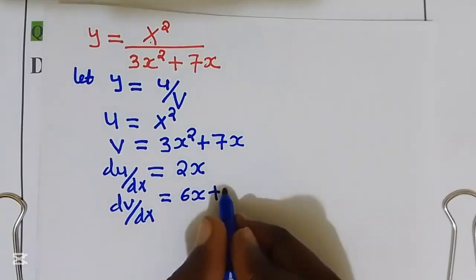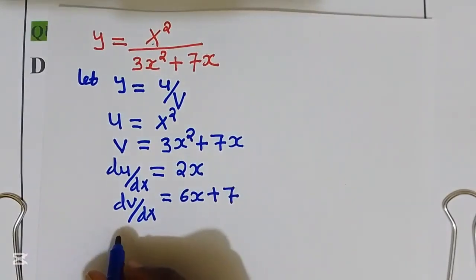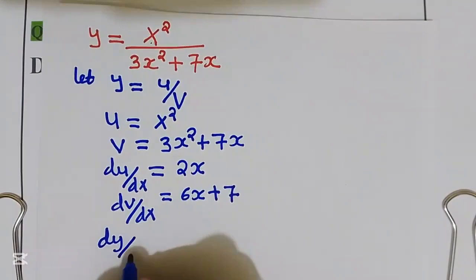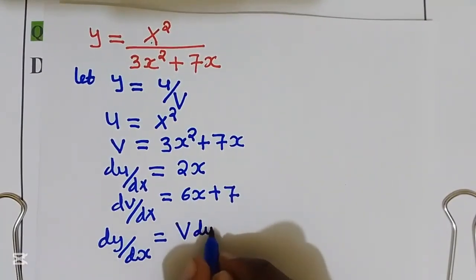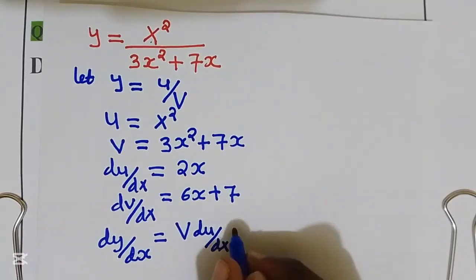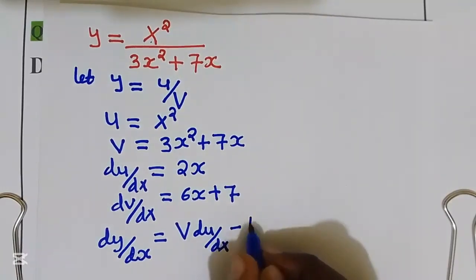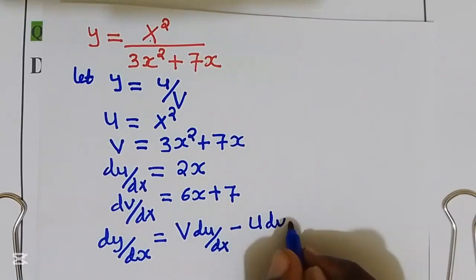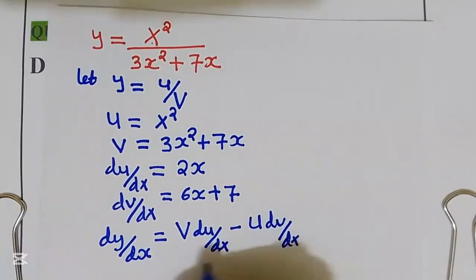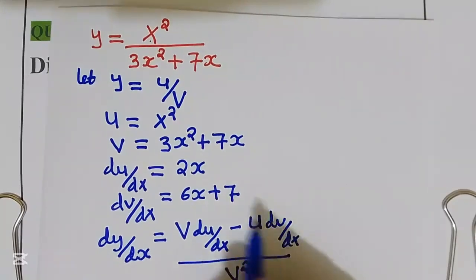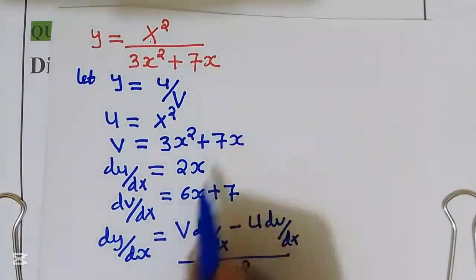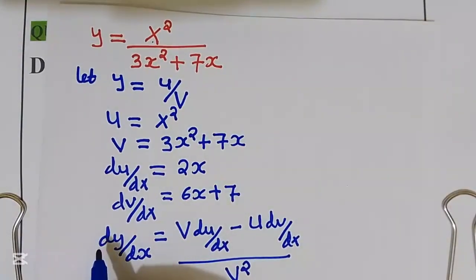plus 7. And we know from the formula, dy/dx is equal to v du/dx minus u dv/dx, over v square. I'm going to substitute this into the formula.